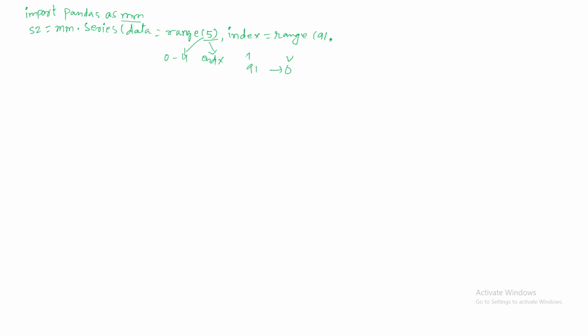This is the index value. Then 92 is 1, 93 is 2, 94 is 3 and 95 is 4. So I will take 91 to 96, because the range function will not accept the ending value.